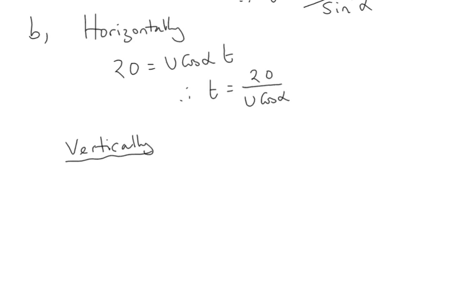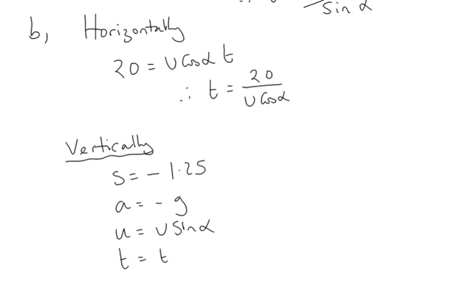well, S, of course, is minus 1.25. The acceleration is minus G. The initial velocity is U sine alpha, and the time taken is T. So we can combine these two bits of information here.